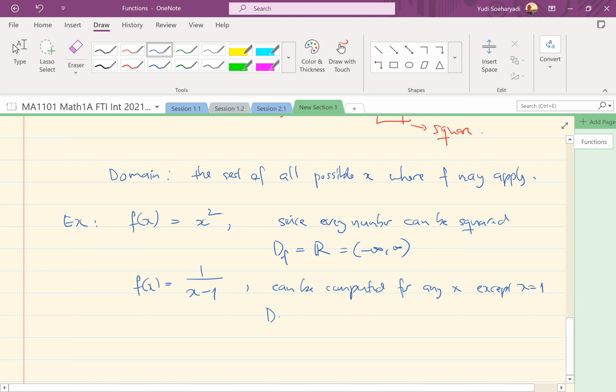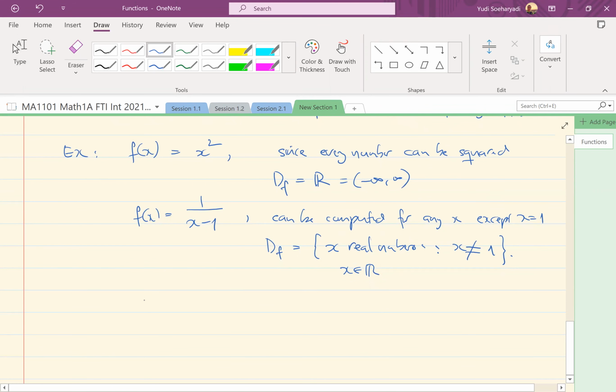So the domain of f can be written as, well, real numbers, or you can write something like this, x not equal to 1. Okay.